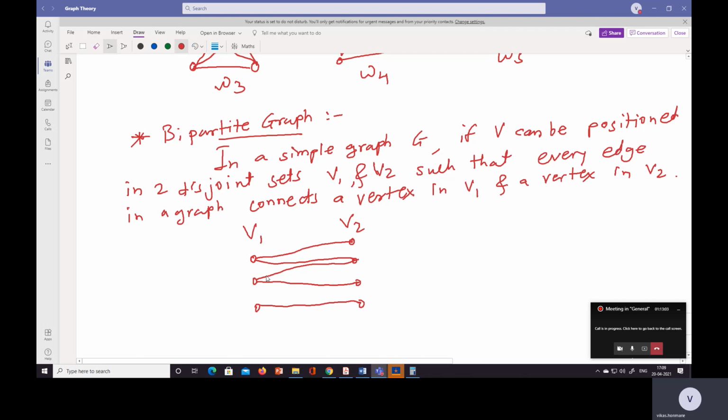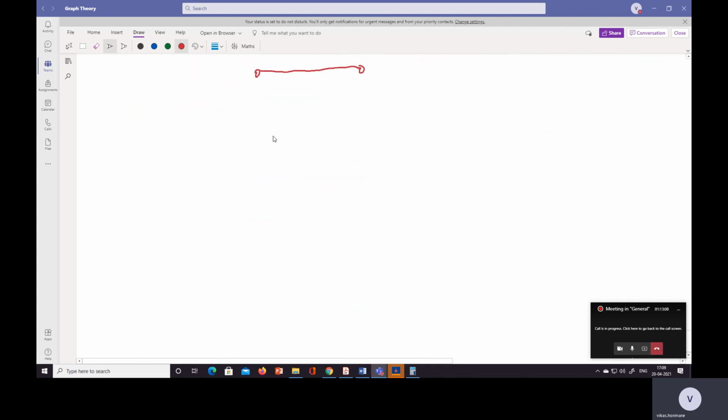Okay, then next is complete bipartite graph.